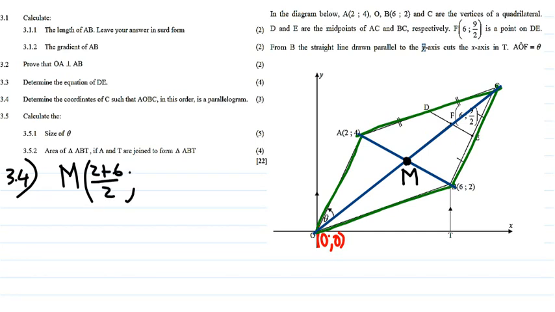That is, I'm getting the x coordinates of point A and B. And then 4 plus 2 over 2. Therefore, M is what? Is that 4 and 3? Good. Now, this is time to think backwards.